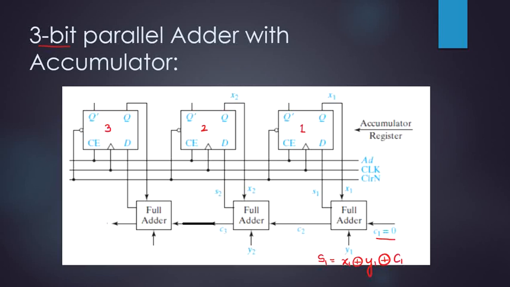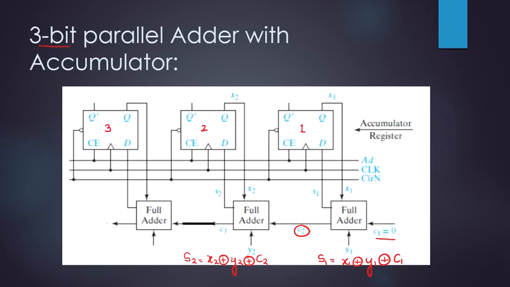So this is the expression for the sum at the output of the first full adder. At the output of the second full adder, I have S2 equal to X2 XORed with Y2 XORed with C2, because C2 is the carry input to the second full adder.